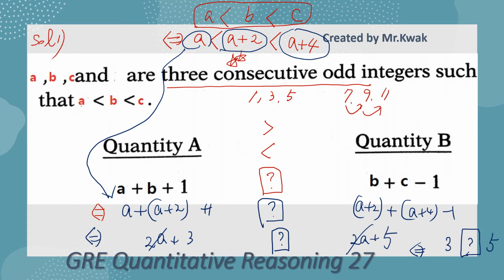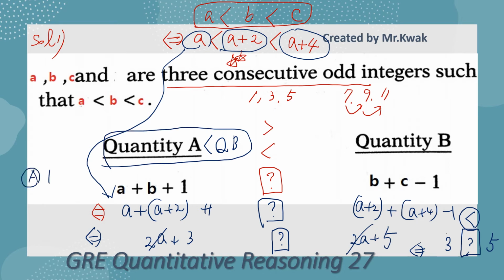We need more space, so let's rewrite a little bit differently. In that case, which is larger, guys? Of course, integer 5 is larger than integer 3. So we could say quantity A is smaller than quantity B, or quantity B is larger than quantity A.